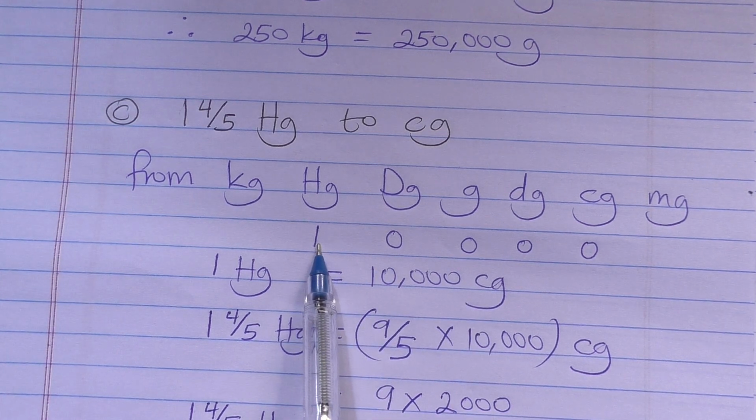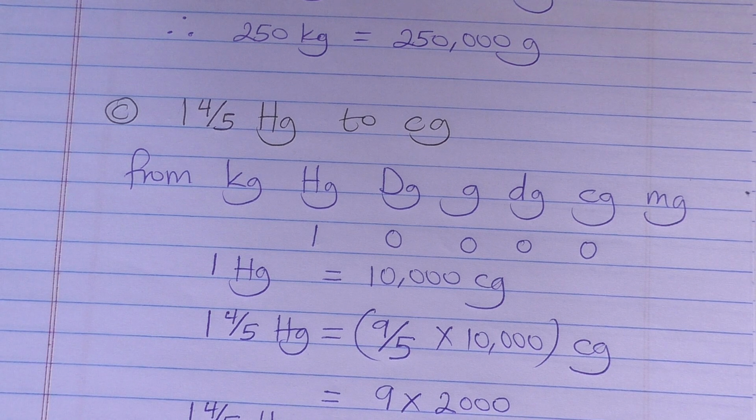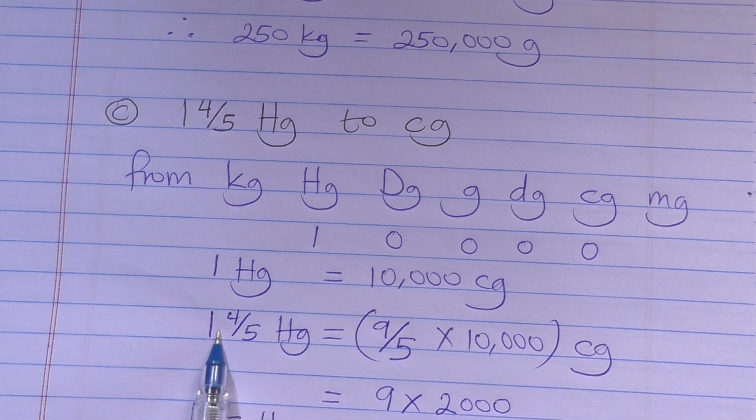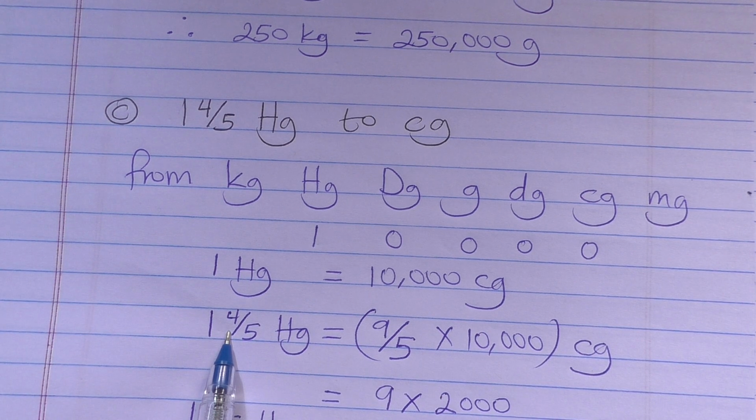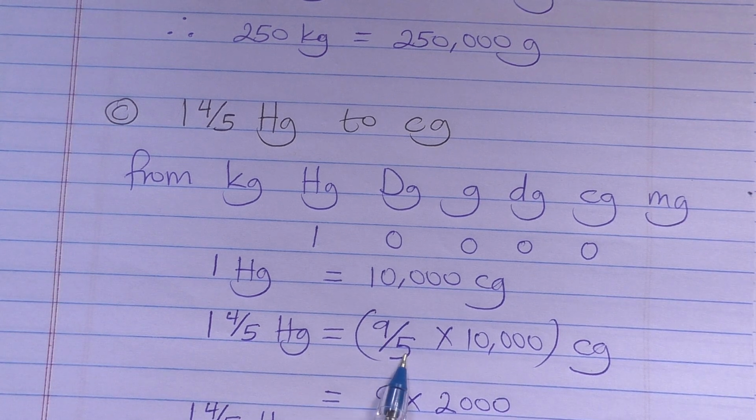So 1 hectogram is equivalent to 10,000 centigrams. However, we have a fraction. We shall first change this fraction into an improper fraction, which is 9 over 5. How do we get 9 over 5?